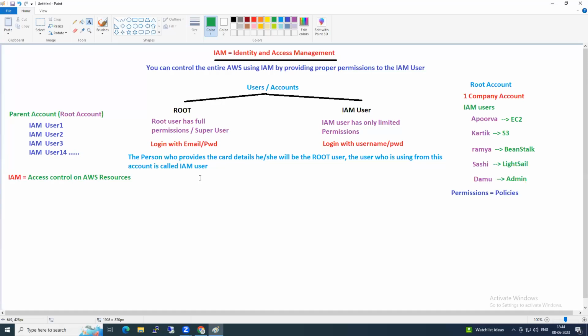We have created IAM users: Apurva, Karthik, Ramya, Shashi, and Damu. Now tell me, in this, who has permissions to launch an EC2 instance?